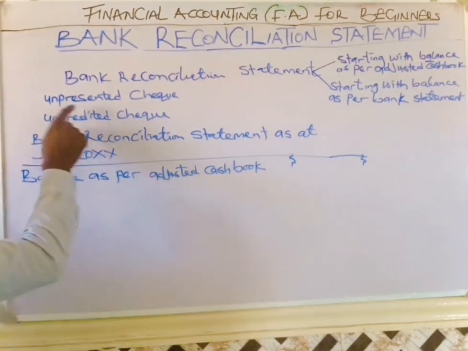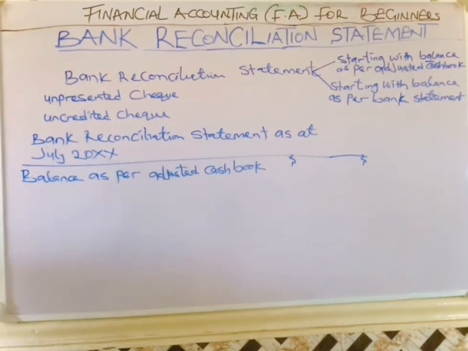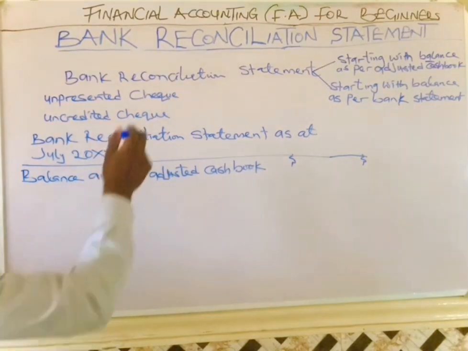An unpresented check means we have a check payment, and this check payment has negatively affected our cash book balance, but unfortunately this check was not presented to the bank for debiting. So our balance in the bank account will be higher than our cash book balance, since we have given out the check.